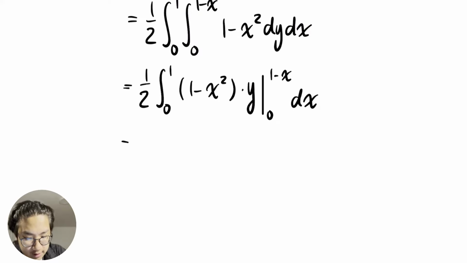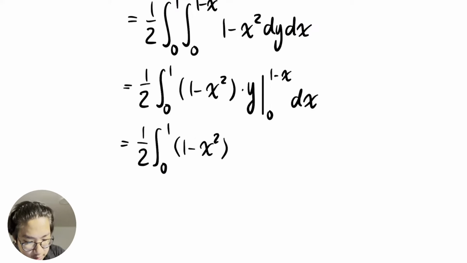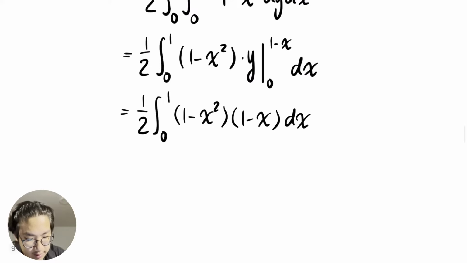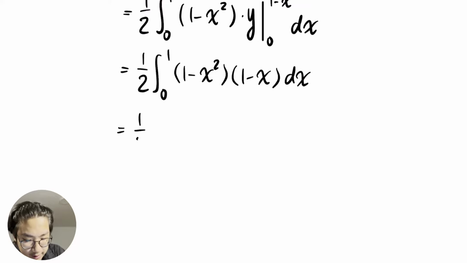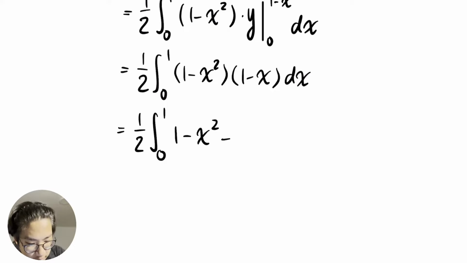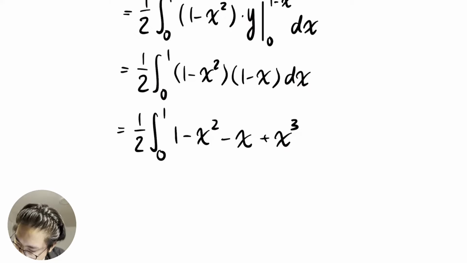In this case, you get 1/2 times the integral between 0 and 1 of 1 minus x squared times 1 minus x dx. Now we can expand this binomial product: 1 minus x squared minus x plus x cubed, I believe. Yep.